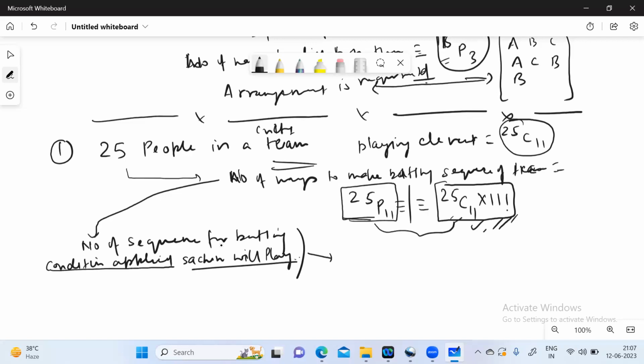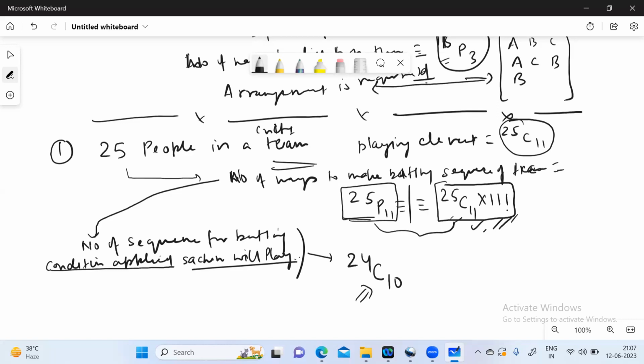Are you getting my point? So now you need to find out first how many groups of 10 people can be identified to be tagged along with Sachin. The total number of people left is 24 and you need to make a group of 10 people. So this is the number of teams, because in whatever way you select the 10 people, you just add Sachin to this team and you will get the playing 11.